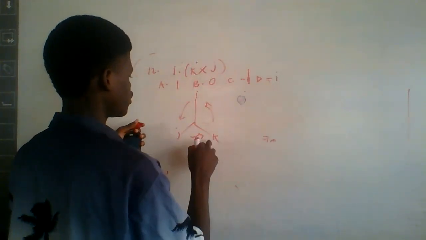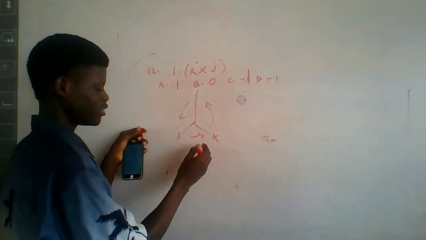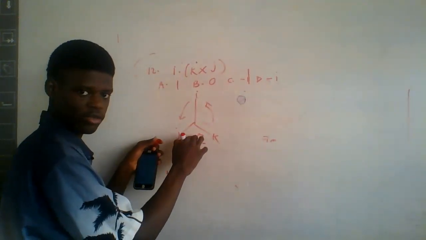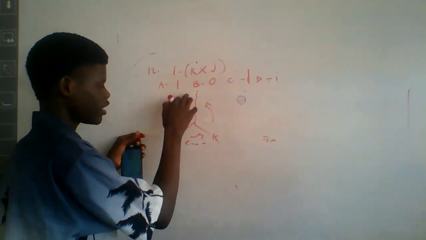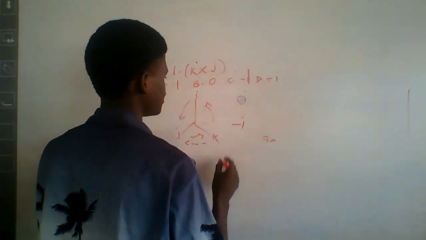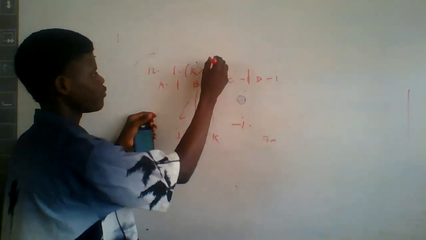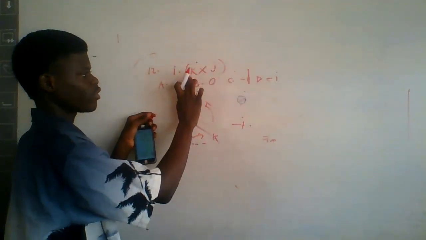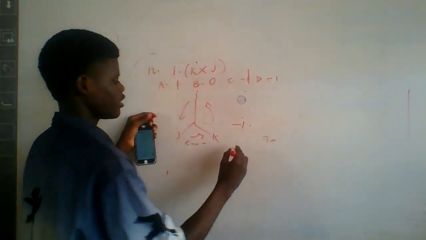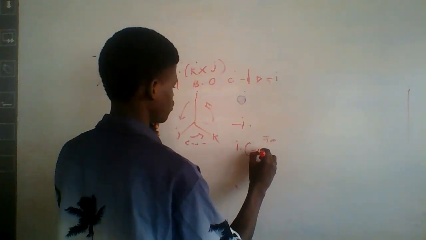So K cross G is opposing the normal circle. K cross G is I, that will be minus I. Then he said I dot, and we've calculated K cross G as minus I. That's I dot bracket minus I.